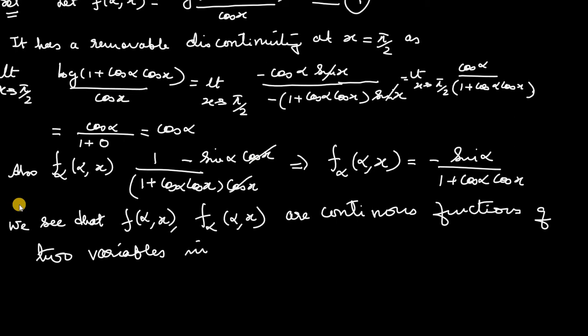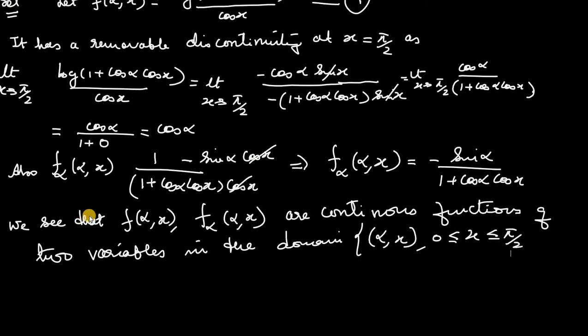In which domain? In the domain set of ordered pairs alpha x, where x lies between 0 and pi by 2, and for all alpha.